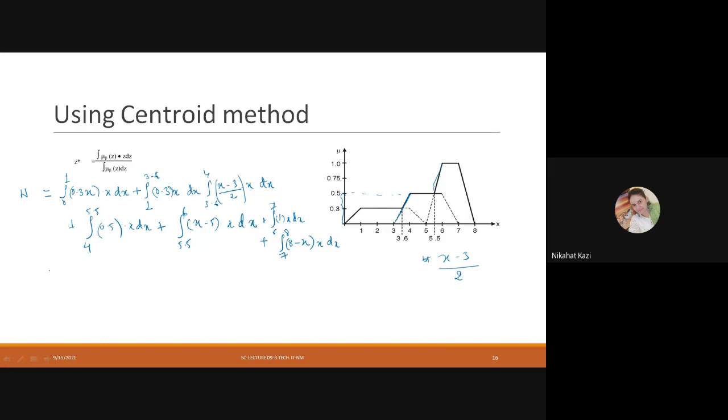What is this first one? It will take time to solve this problem. Okay, what is the first value? 0.3 x cube.